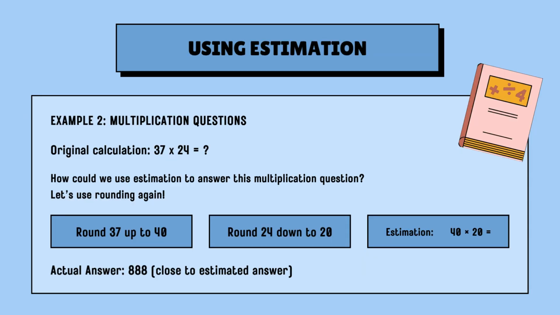So you will round 37 to 40, and you will round 24 down to 20. So you will say more or less 40 times 20, which gives us 800. Our actual answer is 888. Yes, it's 88 more, but just by estimation you will know it will be in the 800 to 900 range. So you will know for a fact that the answer won't be something like 280, if that makes sense.